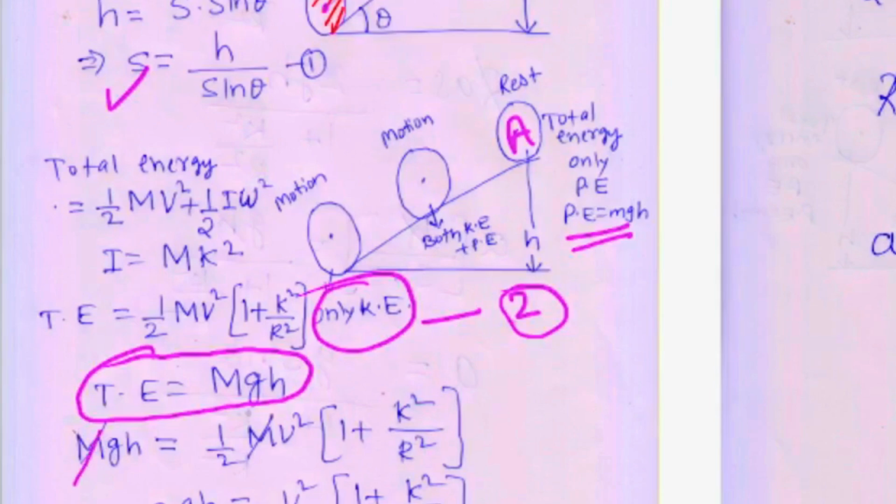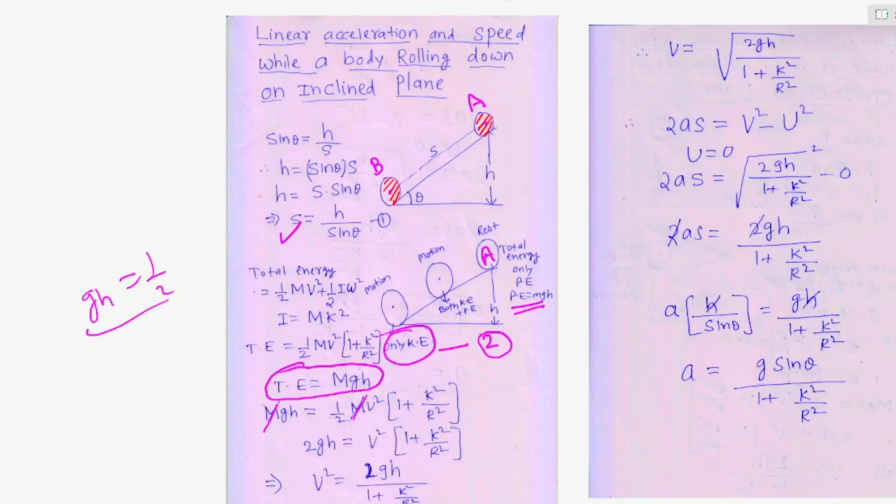Now cancelling m on both sides, we get 2gh. The 2 goes to the upper side, and here it was 1 by 2, so by cross multiplication, twice gh equals v square times 1 plus k square upon r square.